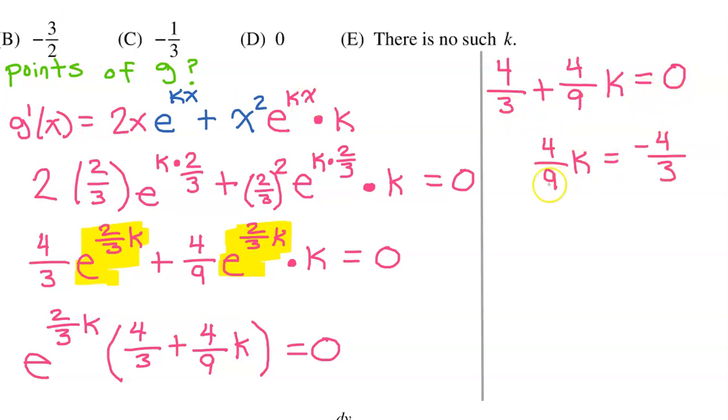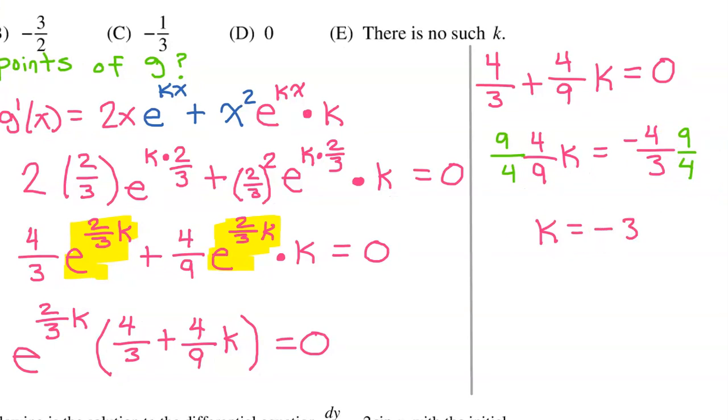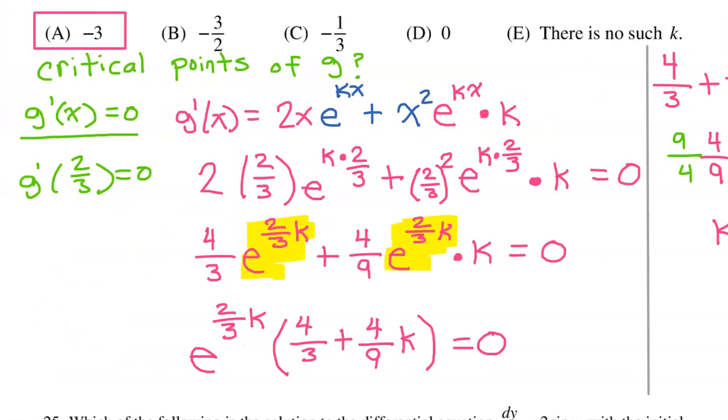Subtracting 4 over 3 from both sides, we have this. We can get k by itself by multiplying both sides by 9 over 4. The negative will survive. The 4's cancel out, so we just have 9 divided by 3, which is 3. So the answer is A.